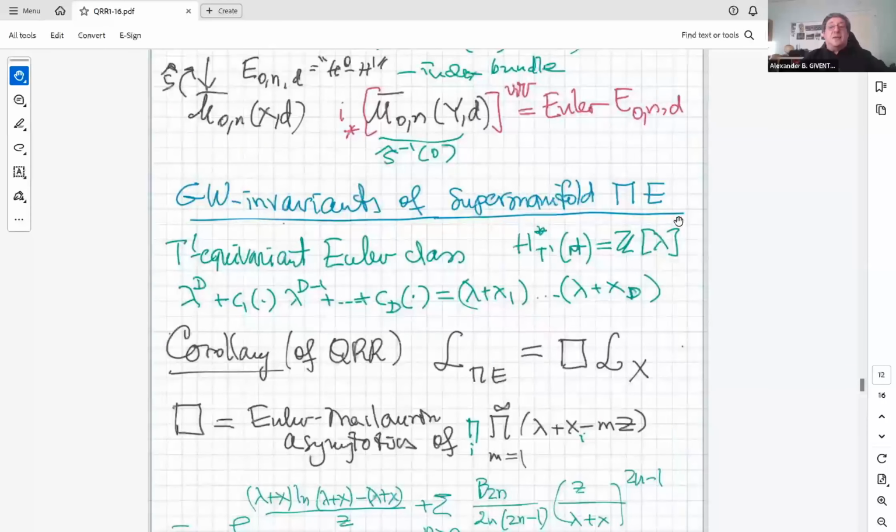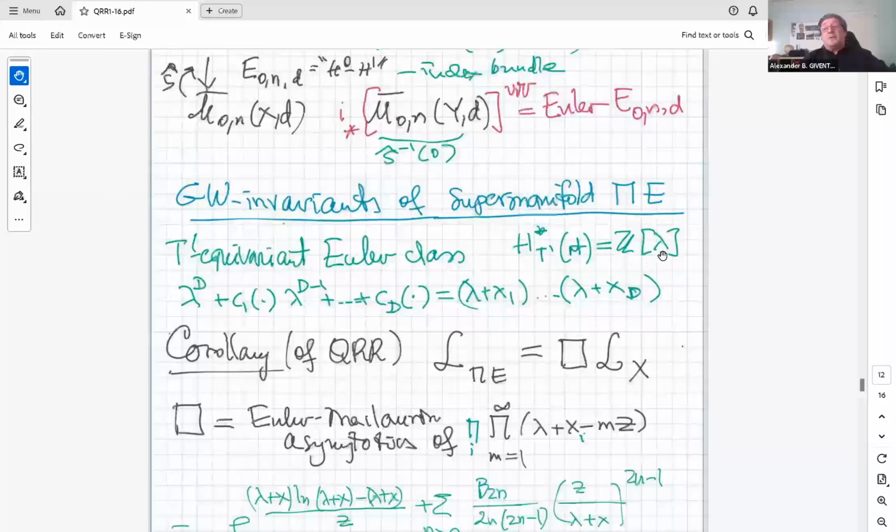Then the equivariant Euler class. If your bundle has Chern classes c_1, etc., c_d in dimension d, then the equivariant Euler class is this polynomial expression. In terms of Chern roots, it is this product. When lambda is 0, it is the Euler class, the product of x_1 through x_d. But the equivariant Euler class is such an expression.